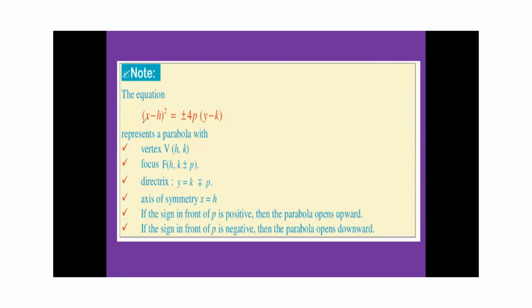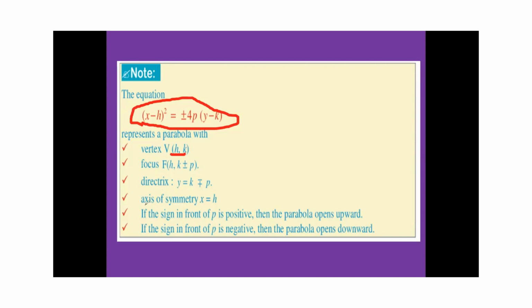Here are some important points. If the parabola opens upward or downward, the vertex is (h, k), and the focus is (h, k plus or minus p). The directrix is y equals k minus or plus p.